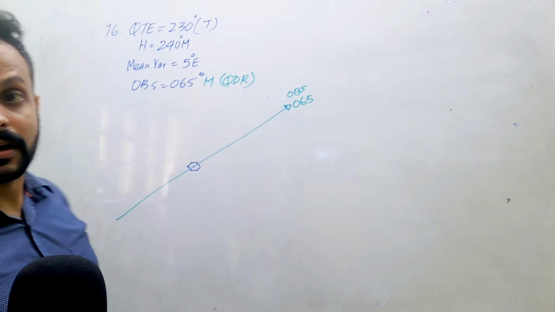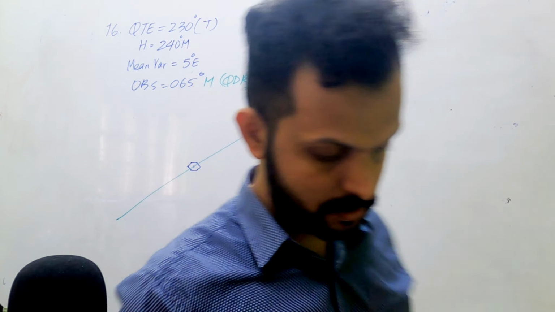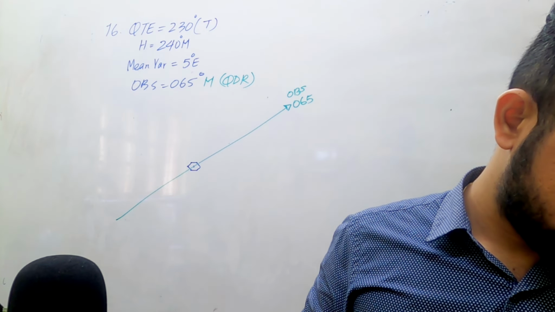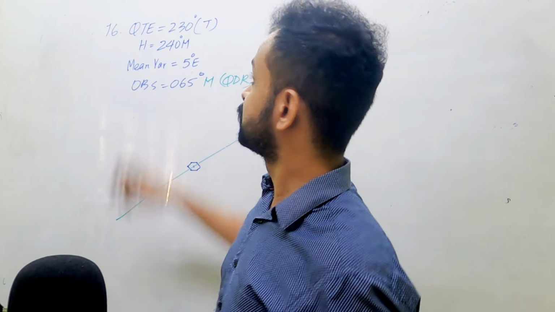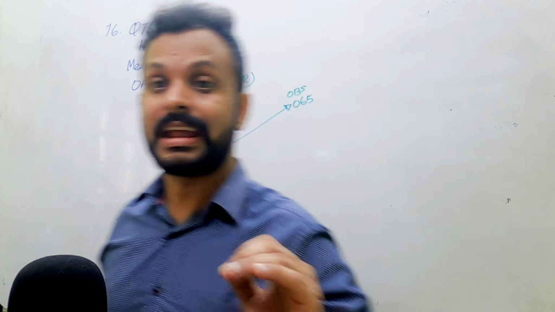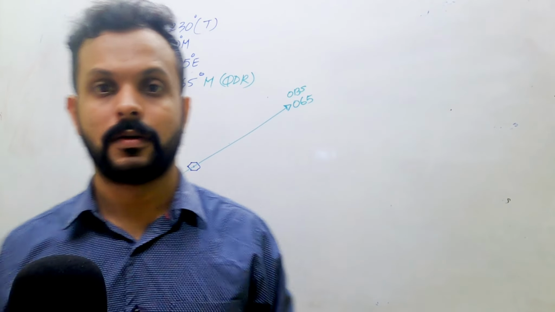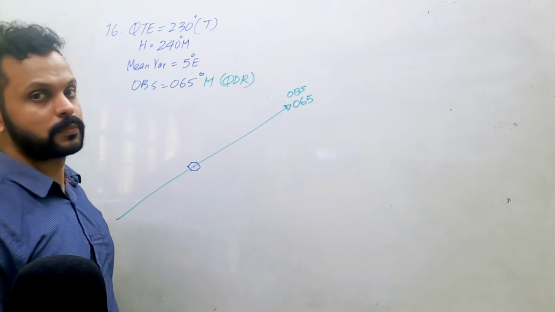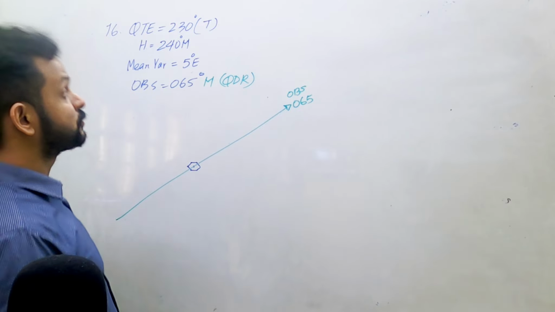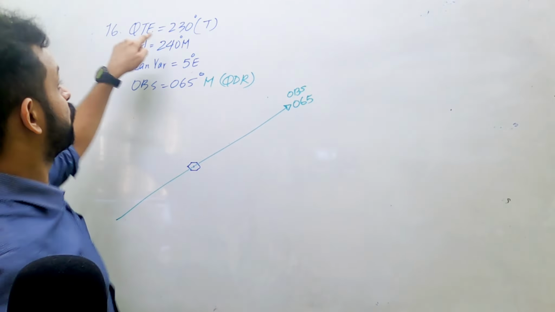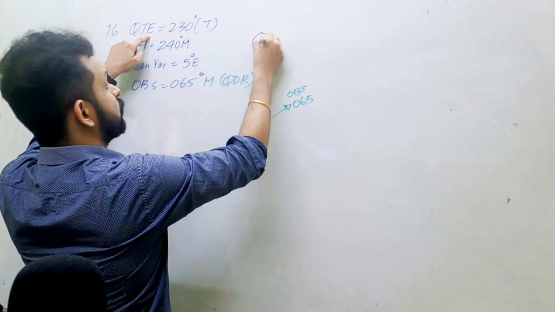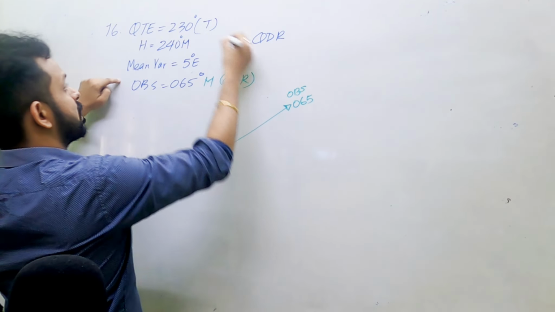What is the radial of the aircraft? The true bearing of an aircraft from the station is given as 230 degrees. So on what radial is the aircraft? 230 degrees true. Yes. If I want to find the radial, it is QDR. So if I have the QTE, how will I find QDR? By applying variation.